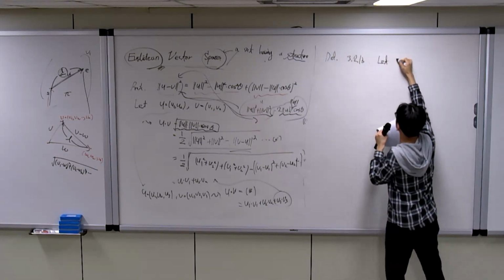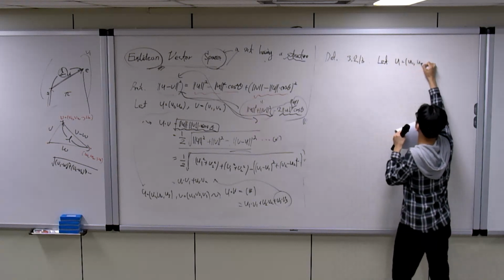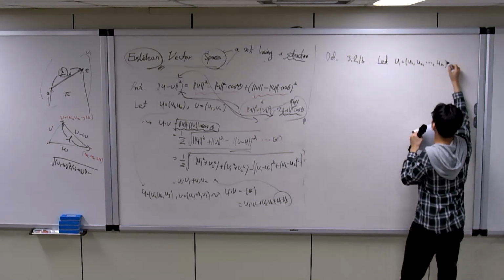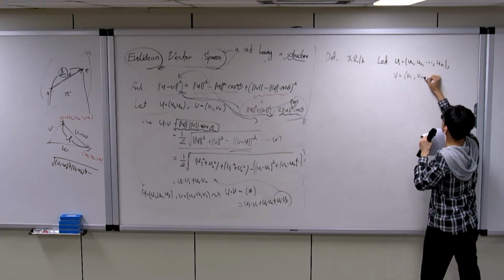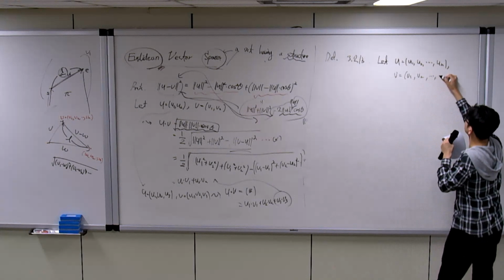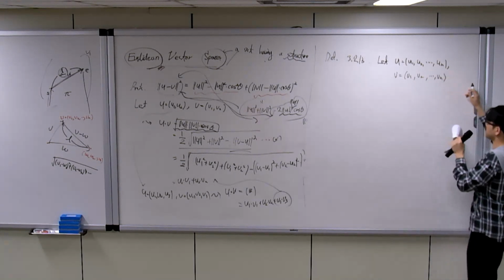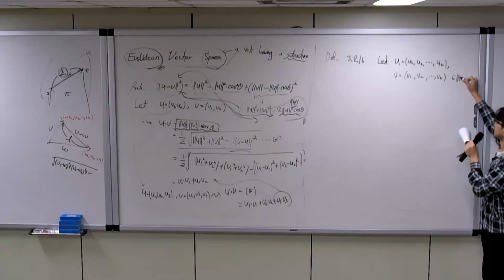So let u be u1, u2, up to un, and v be v1, v2, up to vn, in R to the n.